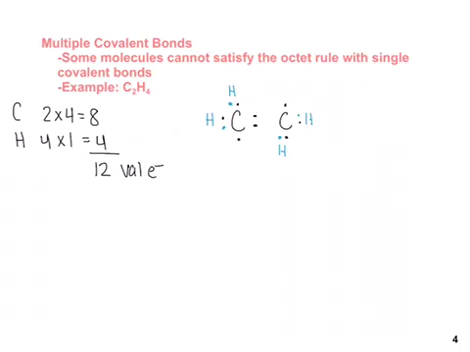So when you do this, we can see that we've broken a rule. One of the rules that we've broken is we have unbonded electrons, and if we count them, 1, 2, 3, 4, 5, 6, 7, 8, 9, 10, 11, we do have 12 valence electrons. So what we can do in order to satisfy the rule of no unbonded pairs of electrons is these 2 electrons can slide in to the middle here and form what we call a double bond.